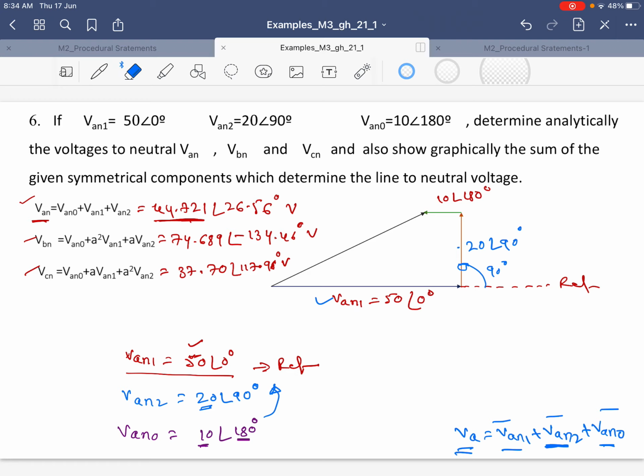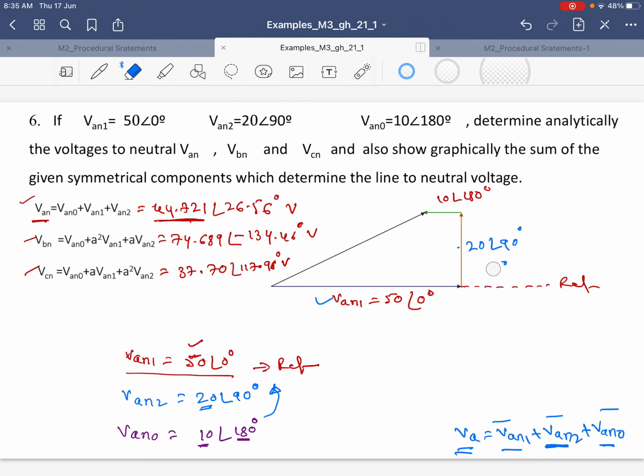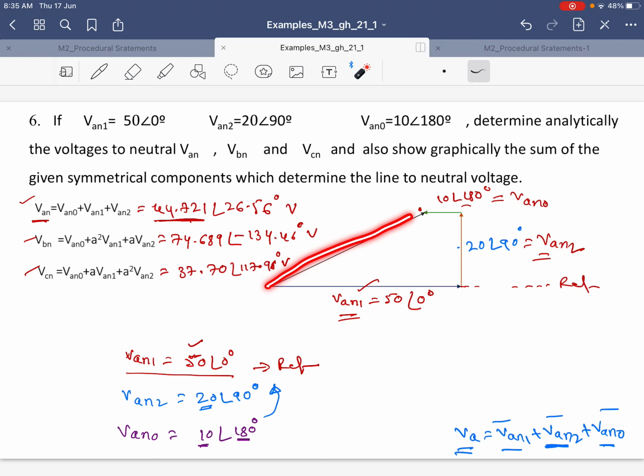Ultimately, what you did here is you added VAN1 to VAN2 and added finally VAN0, so that the sum of this plus this, that is this vector, gives your VAN.